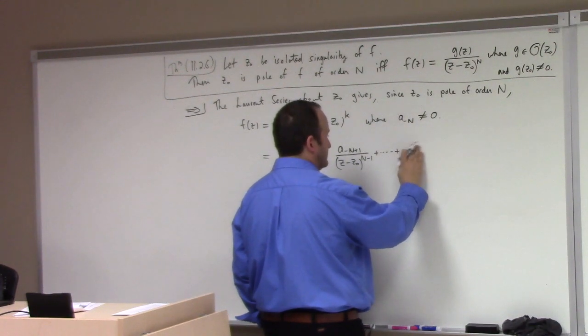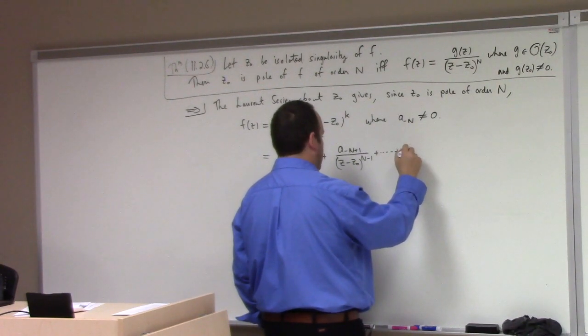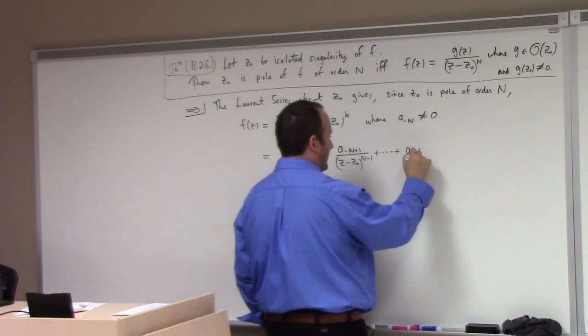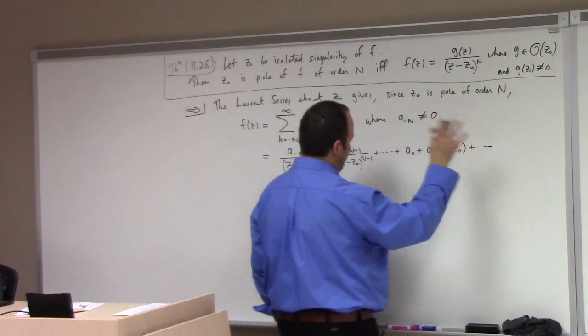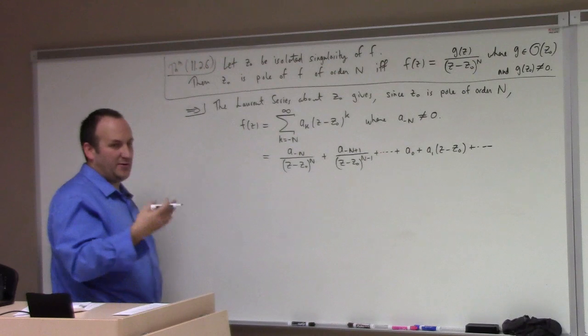Eventually we get to things like a sub 0 and then a sub 1 times (z minus z naught). My point is eventually you get to positive powers, okay?